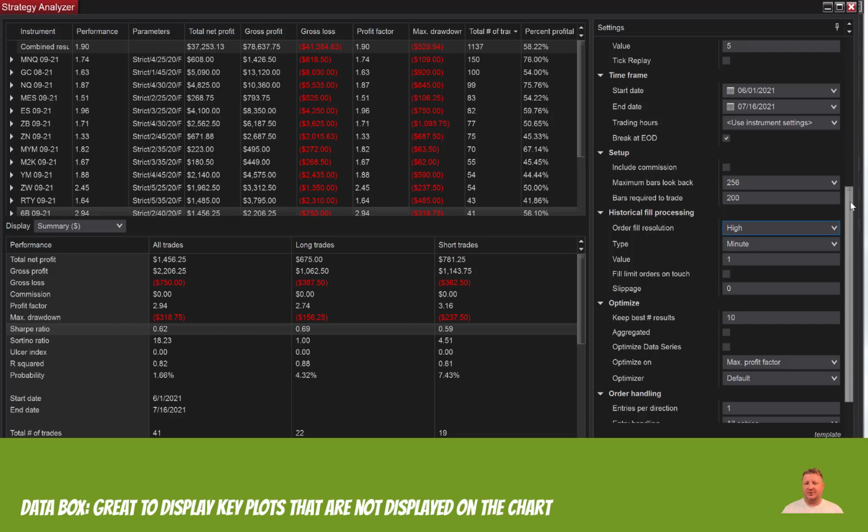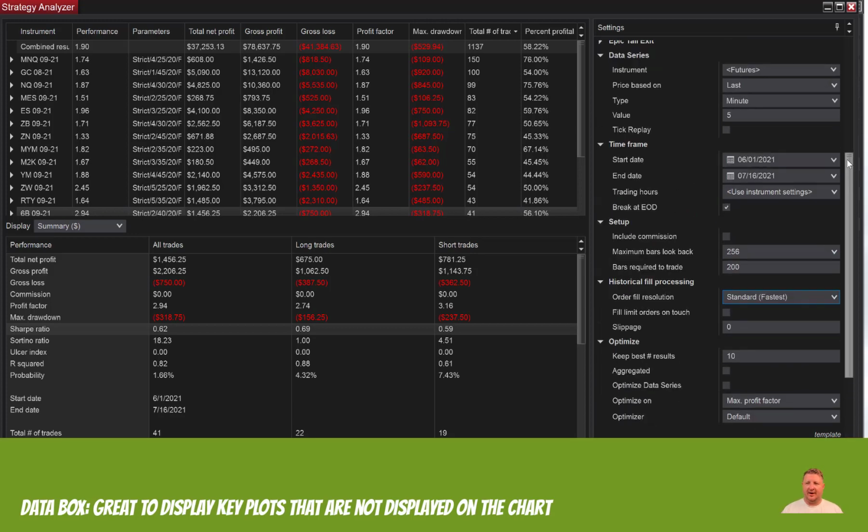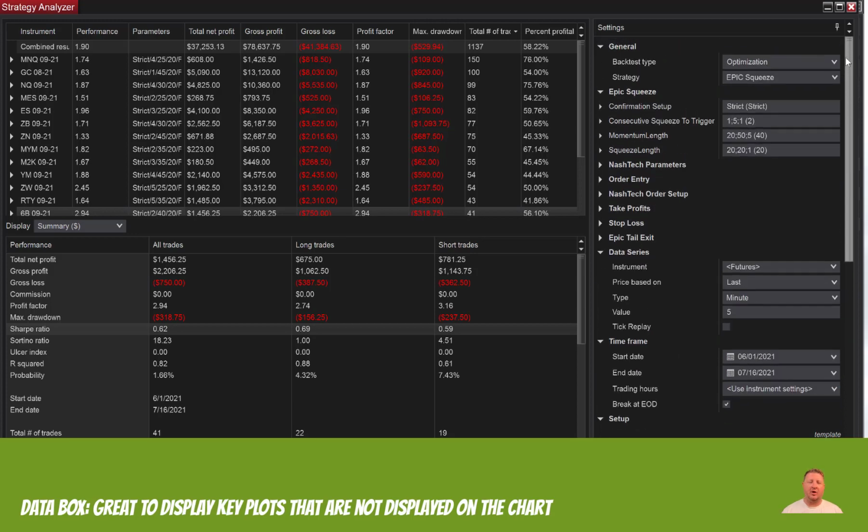There are so many topics on historical fill processing, tick replay, market replay. There's so many, when it enters, when it exits, how close the sim account is to how close live trading is. Don't believe anything.